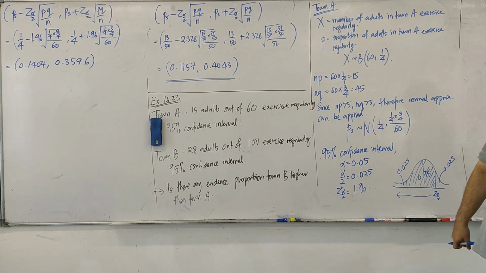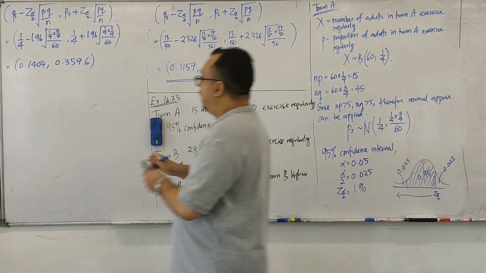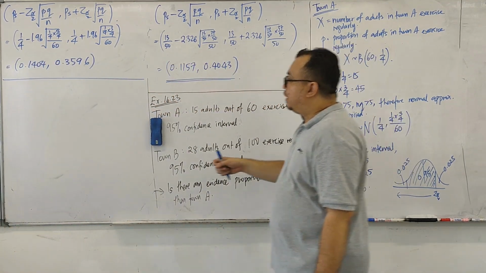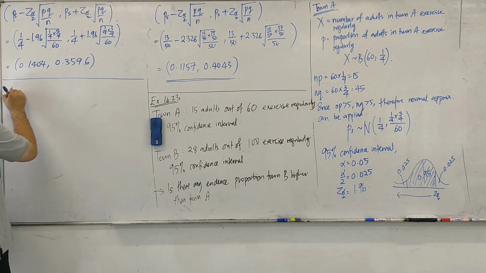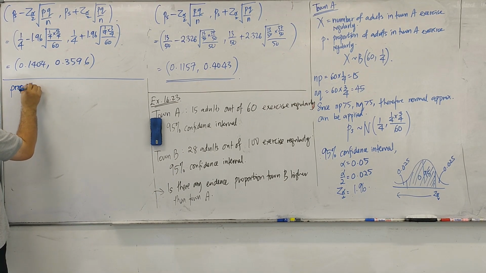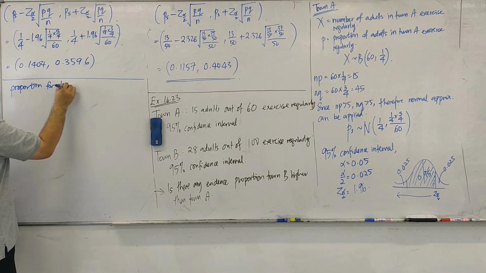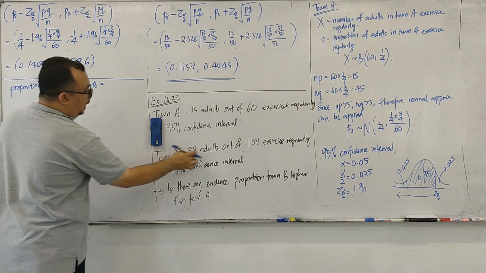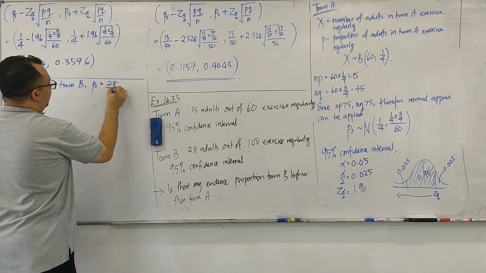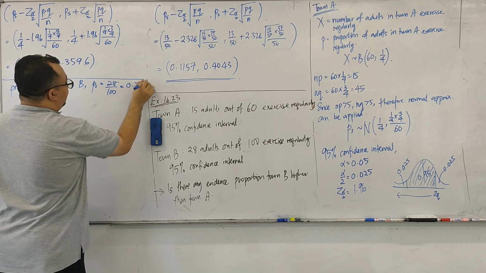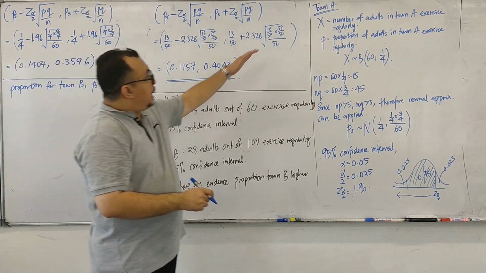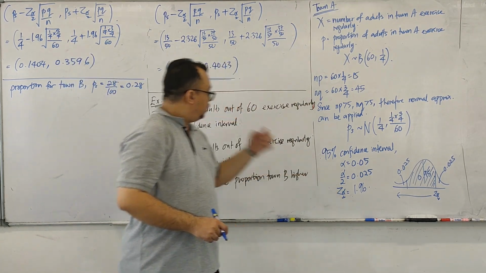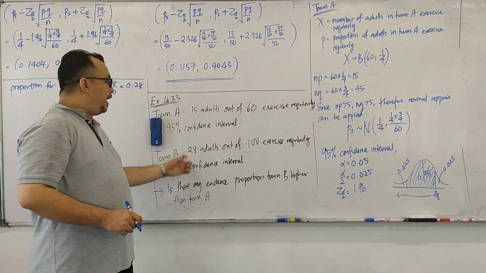Okay, town A done. For town B, proportion for town B, okay, saya boleh guna yang sama. The PS adalah 28 out of 100 ataupun 0.28. And then the process is actually the same throughout everything, including the Z alpha over 2, because we are taking 95%.